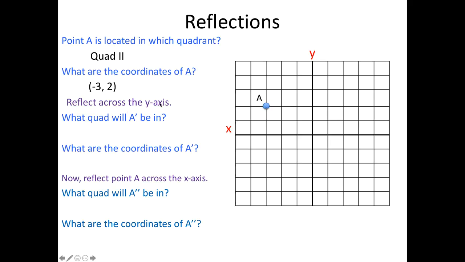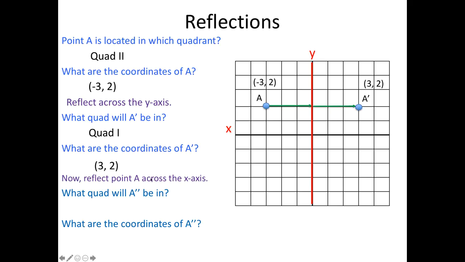If we reflect it across the y-axis, there's our line of reflection, and we are 1, 2, 3 units away from the y-axis. So 1, 2, 3 units there. It will be in quadrant 1, and the coordinates of A prime would be (3, 2).